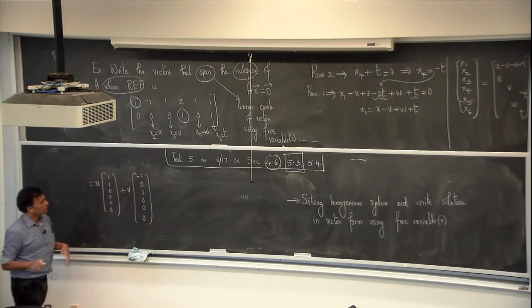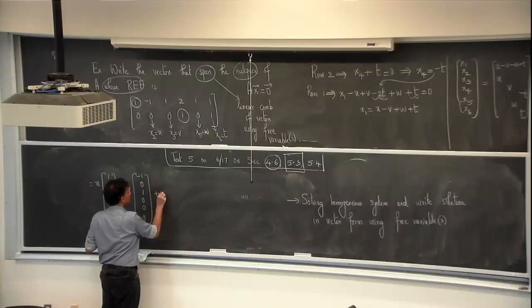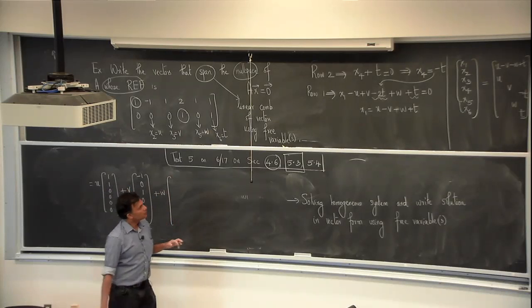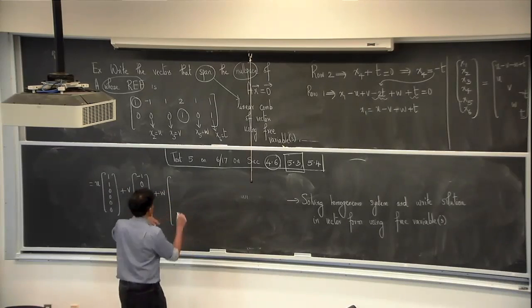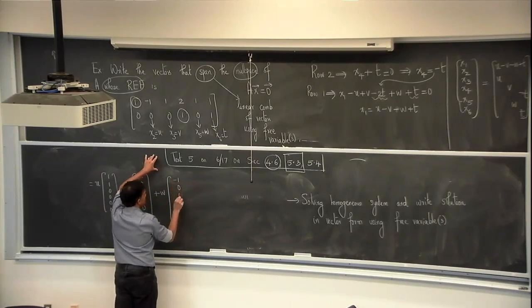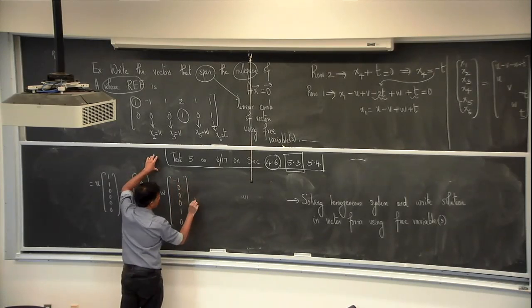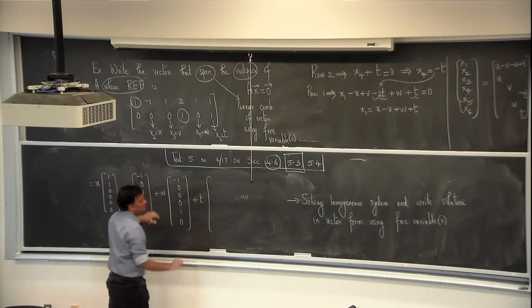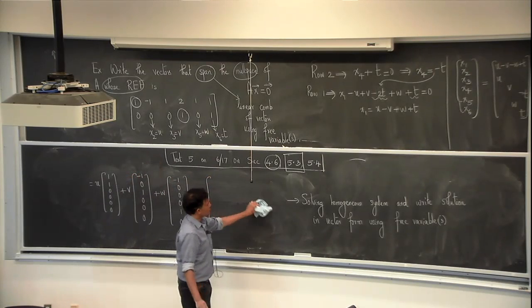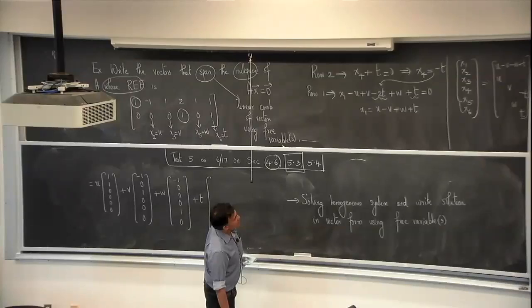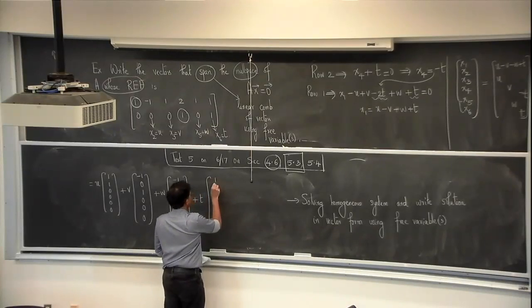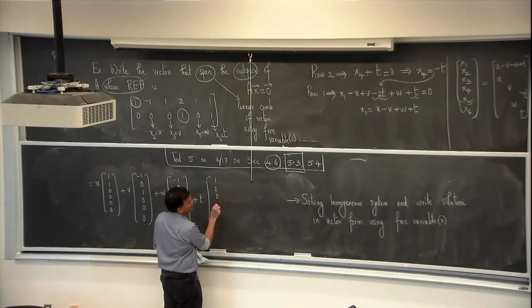Plus w times (-1, 0, 0, 0, 1, 0), plus t, which is probably the most highly represented one here, (1, 0, 0, -1, 0, 1).